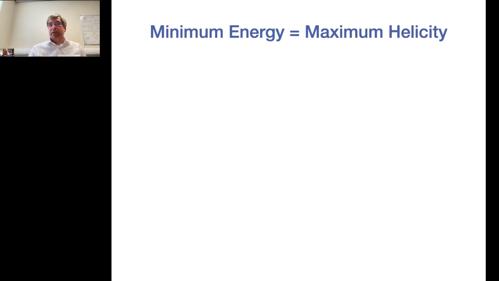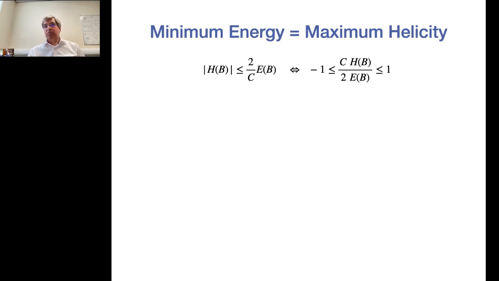Right. If you have an inequality, you can always read it in two ways. You can either read the left-hand side as fixed, and then you minimize the right-hand side to get to the lowest possible value, or the right-hand side is fixed, and you minimize the left-hand side. So we can either think of these fields as fields which minimize the energy for a given magnetic helicity, or we can think of it as maximizing the helicity for a given energy.